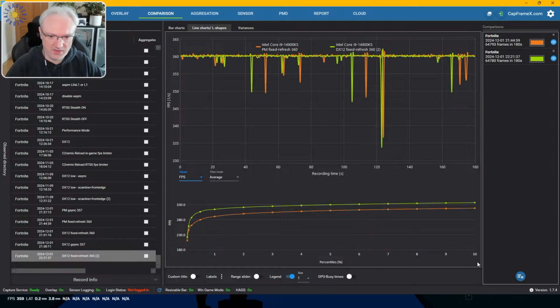Once you get into the lower percentiles, how much difference is that? That's 330 to 300-ish. Maybe a bit closer. So maybe 30 FPS more drops with performance mode than DX12. I don't know.